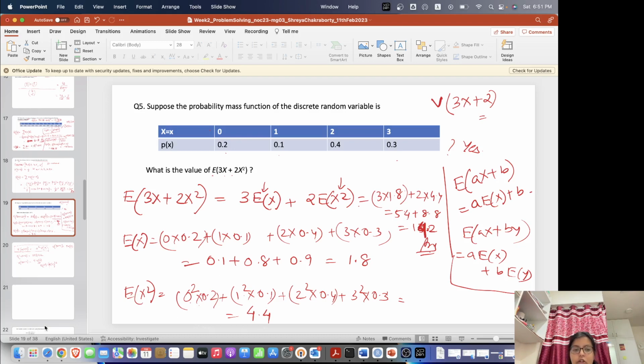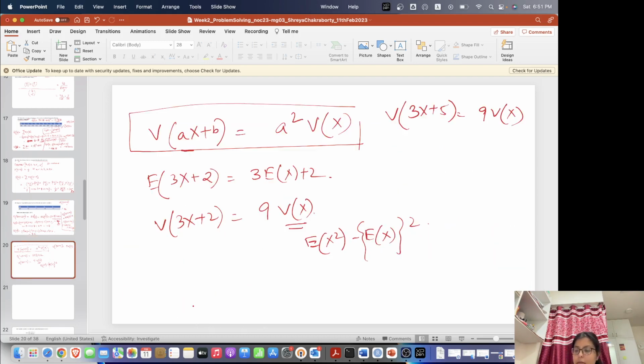Coming back to the question, expectation of x square was 4.4, expectation of x was 1.8. So variance of x would be 4.4 minus 1.8 square, so it would be something like 1.16.